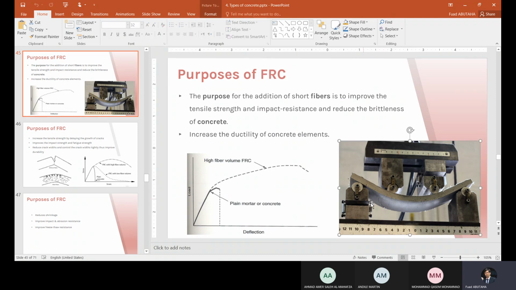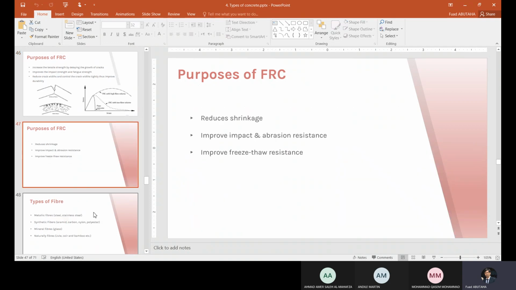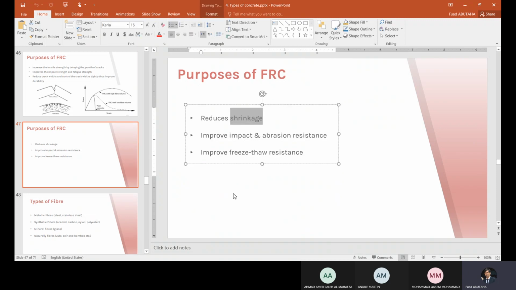When we start using the fiber, we start to see this ductile behavior of the concrete. So this is good, and it's better than the concrete that has brittle behavior. So what is the purpose? Improve the impact and freeze-thaw resistance, and we have so many. It also can contribute to the reduction in the shrinkage of the concrete.